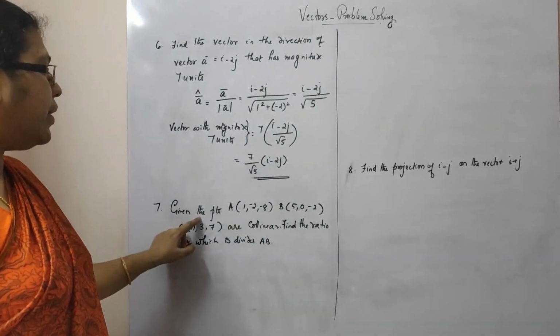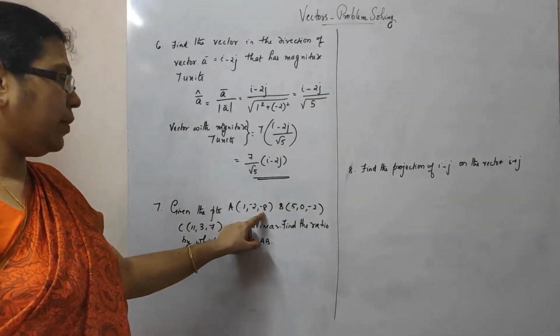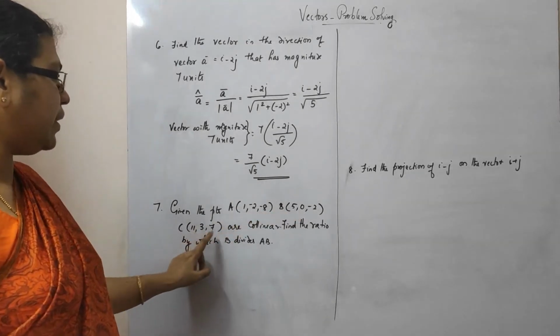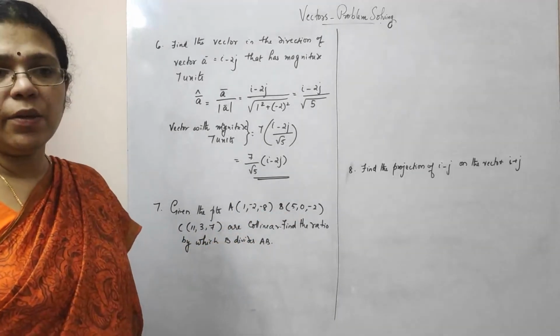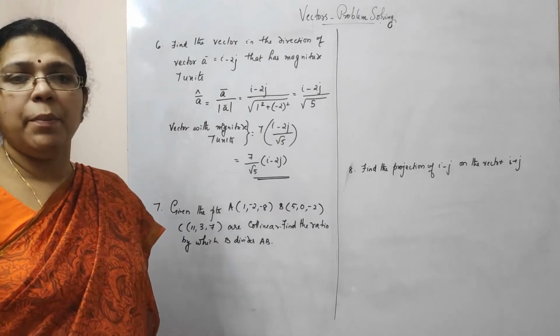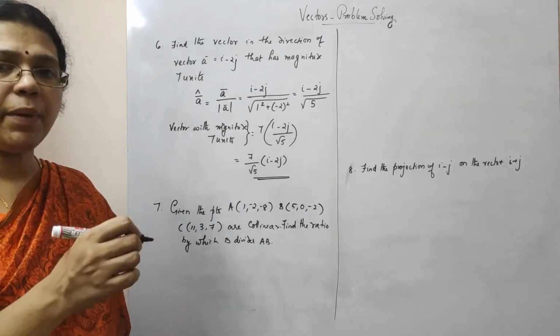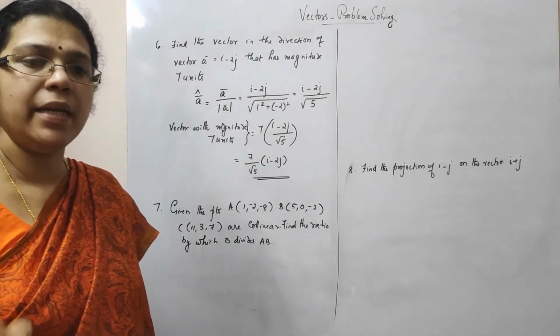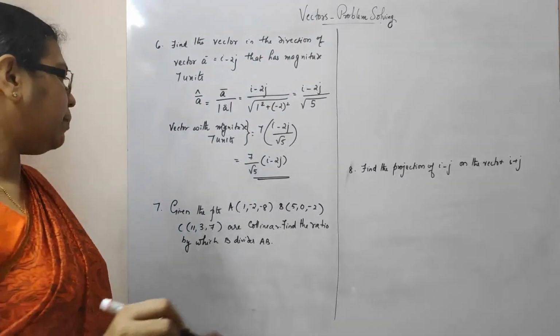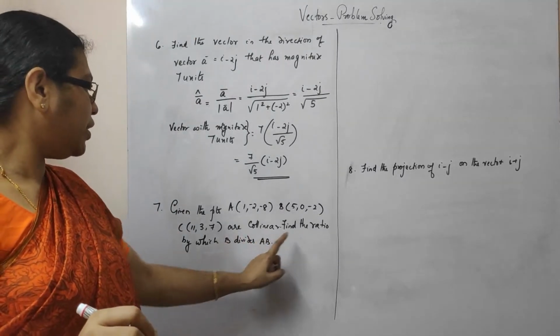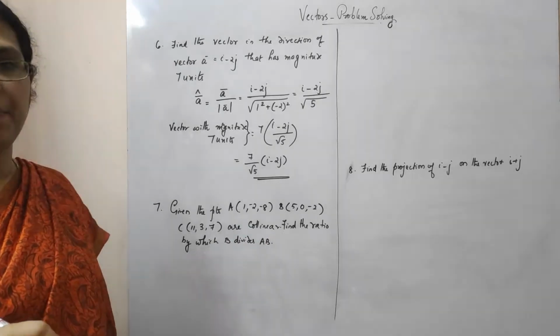Next one. Given the points A, B and C are collinear. Collinear means what? They are parallel, or I can say that if they lie on the same line, they are also parallel again. So find the ratio in which B divides AC.